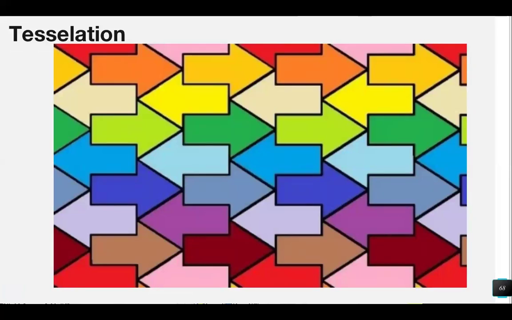So if you see this, there are patterns going to the right, there are directions going to the left, and they are also color patterns. So this is what you call tessellation. A tessellation is an art that produces patterns, the color and direction patterns, and if you do that, you make some arts.